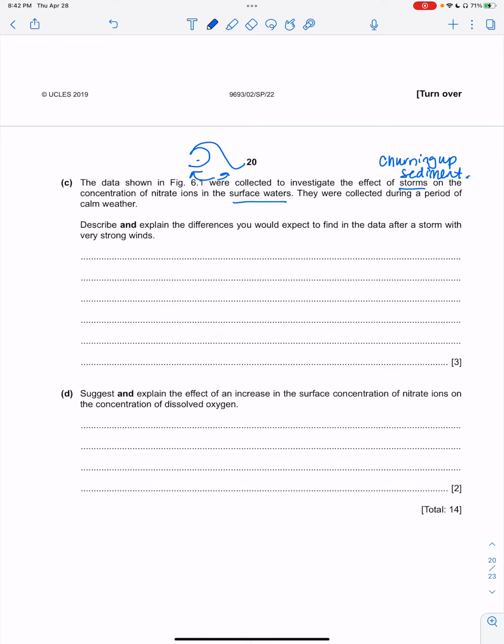They were collected during a period of calm water. Describe, so what and why, the differences you would expect to find in the data after a storm with very strong winds.